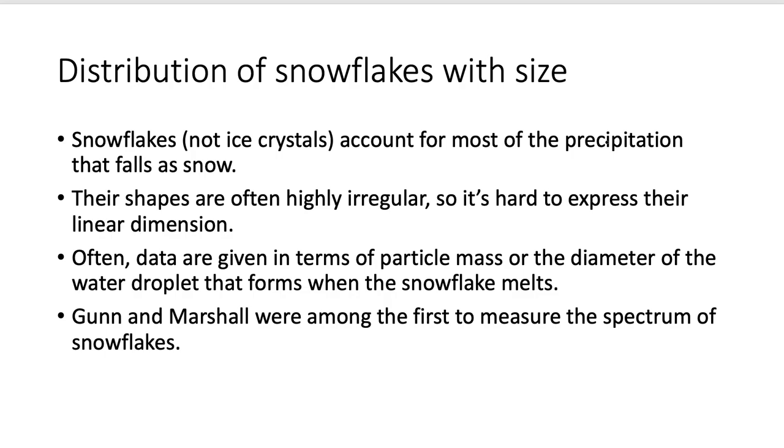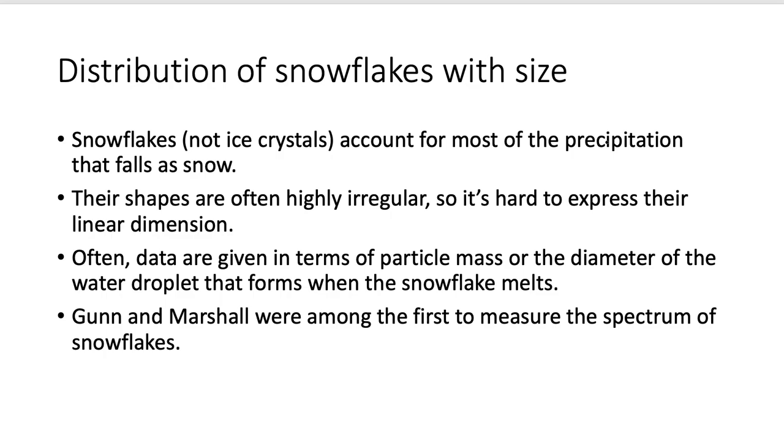Is it in terms of the mass or what? Often data is given either in terms of the mass of the snowflake or the equivalent diameter that a liquid water droplet would have if it originated from the melting of that particular snowflake.